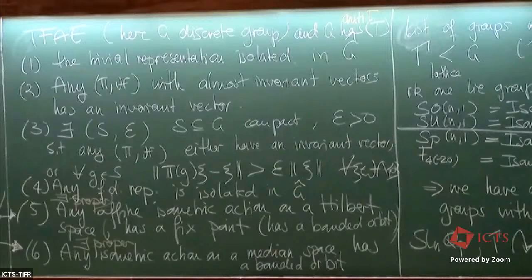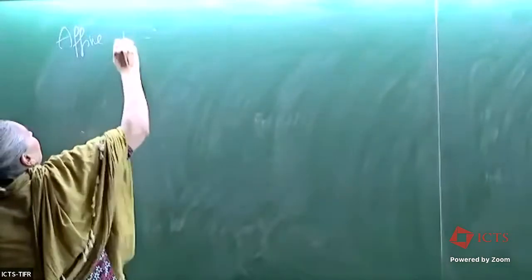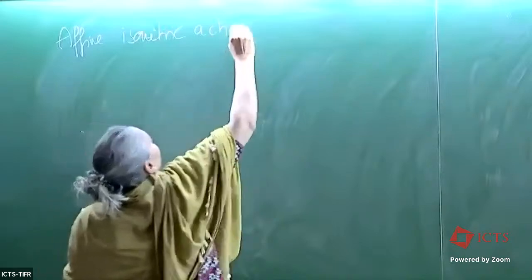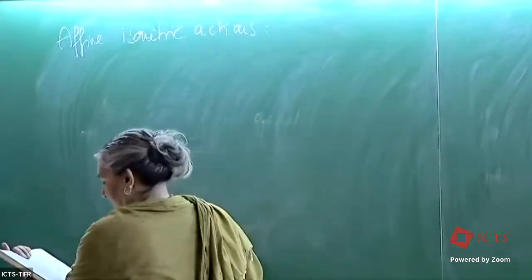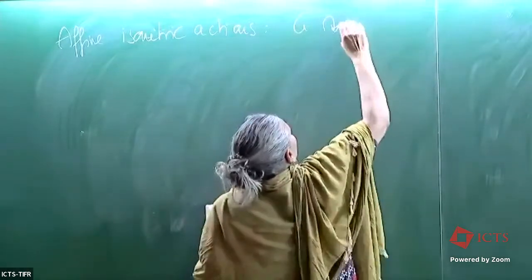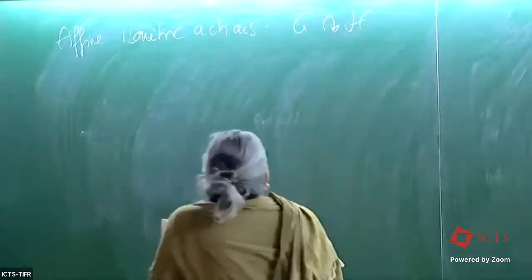Okay, so how do you go from unitary representations to actions? What is an affine isometric action? It's G acting on a Hilbert space.